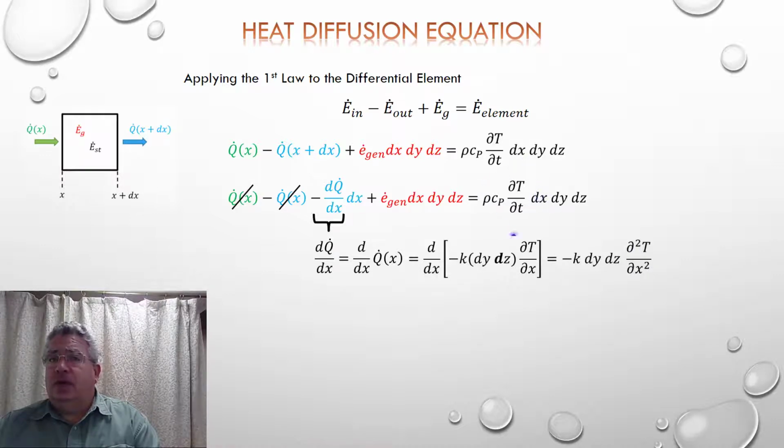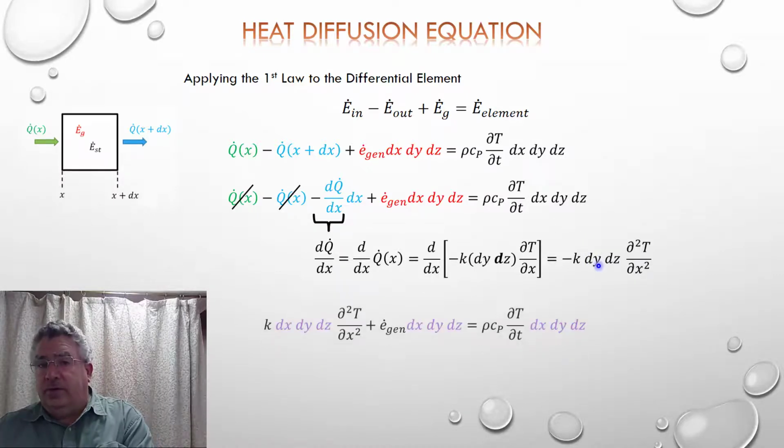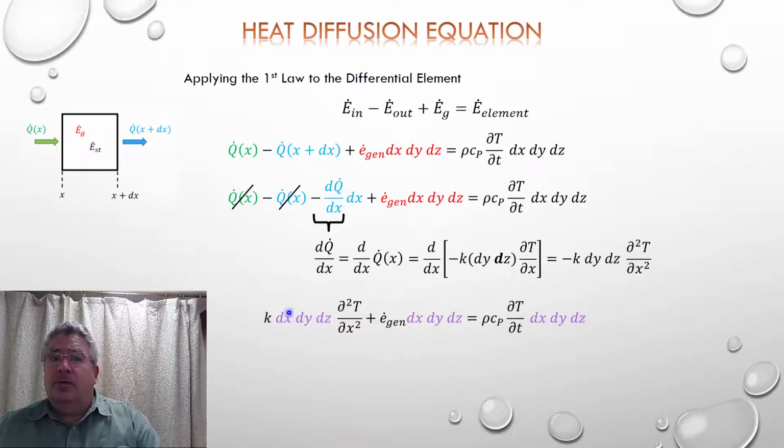Now we're going to plug this term back in. There's a negative sign here, so the negative times a negative is going to make this term positive. And there's the dx term here, which is going to give this a dx, dy, dz, just like the other terms. So this is what we end up with.